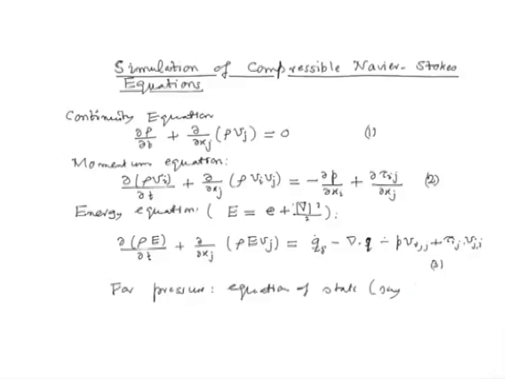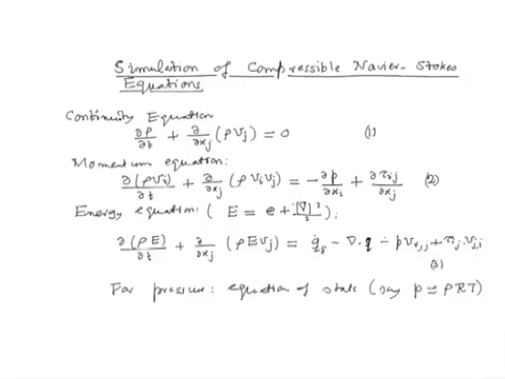Say we use the ideal gas equation of state in some situations. So P is equal to rho R T, and T could be obtained from our total energy E. If you know capital E, velocity and density, we should be able to calculate P and use that P in the solution of the momentum equation and so on.